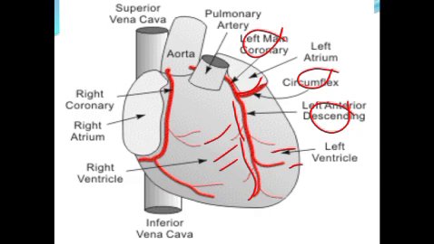This is when the left system is dominant. But sometimes when the right system is dominant, the inferior part of the heart is supplied by the right coronary artery. The right coronary artery arises from the right coronary sinus and goes in the right part of the AV groove and supplies the right ventricle.